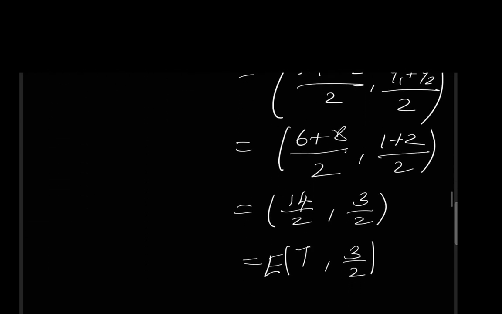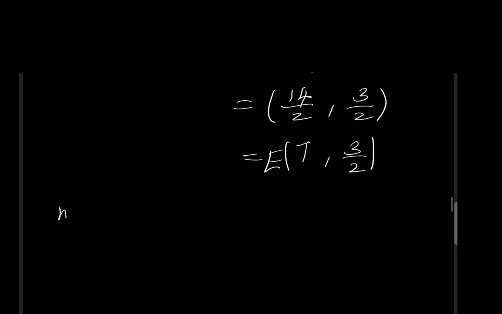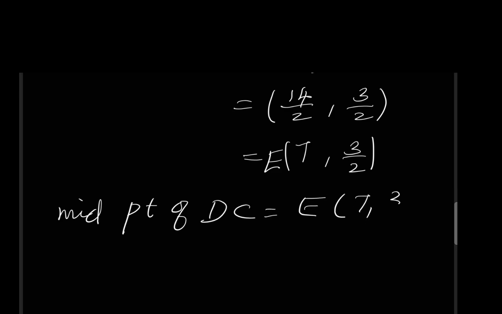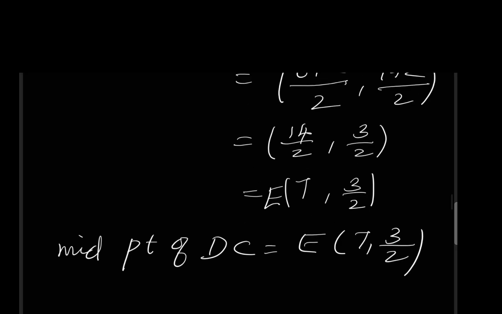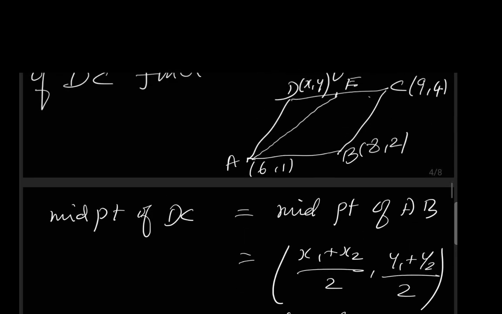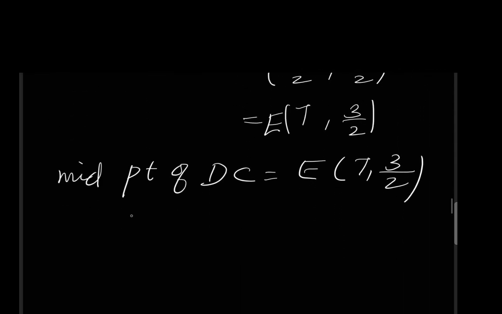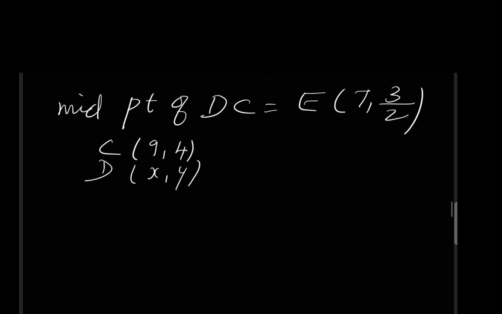But D is unknown here. So midpoint of DC is equal to E, that is (7, 3 by 2). So what is the midpoint of DC? Here C is (9, 4) and D is (x, y).